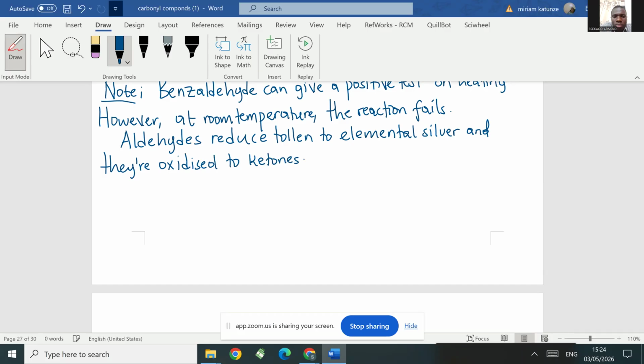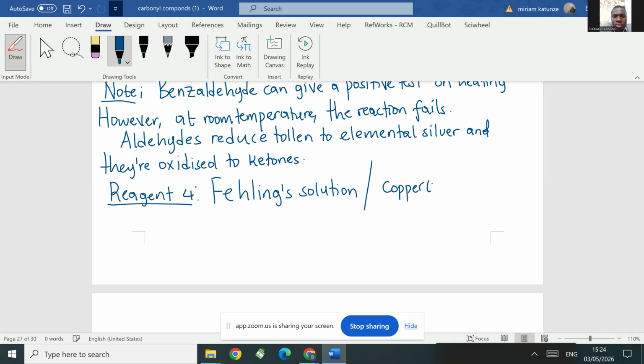Then reagent 4 is the Fehling solution. Fehling solution is a mixture of what?